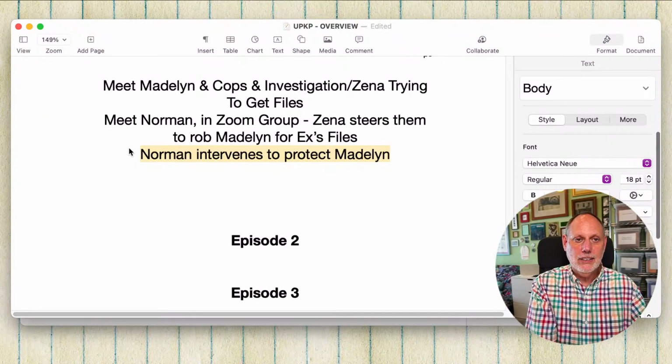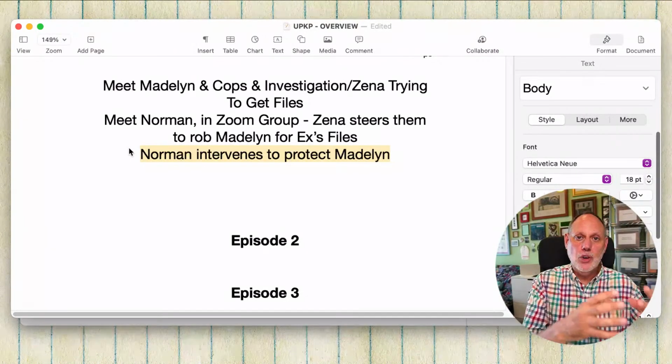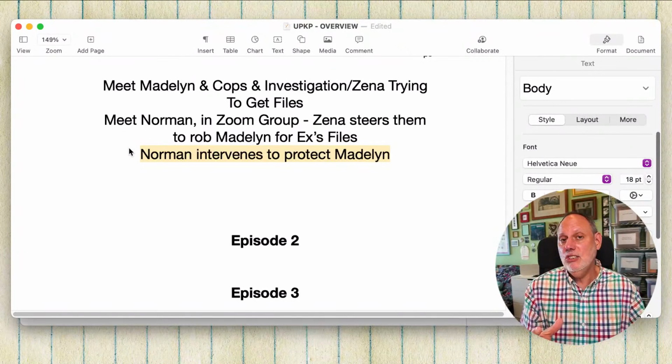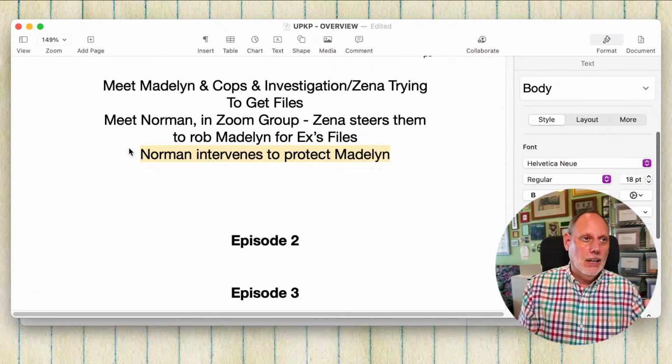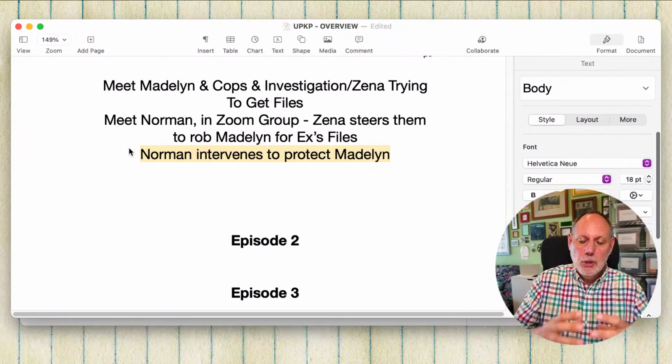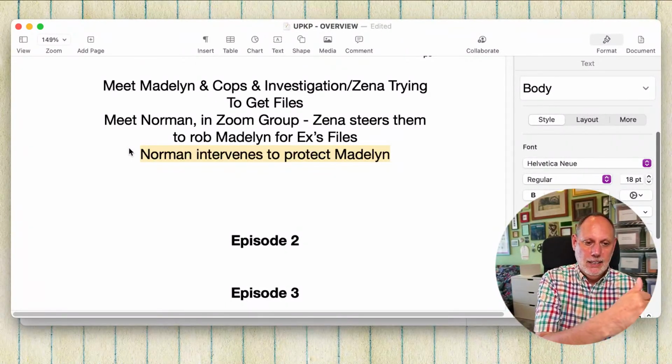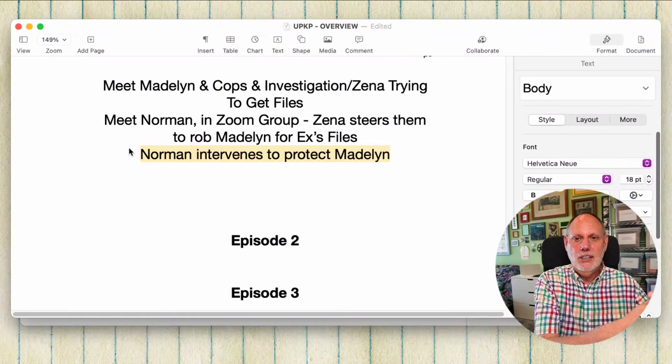So there's a race against time. We are going to see Kanji try to make the robbery, and we are going to see Norman stop it. So there's going to be like 5 scenes in there, at least. But the big meaning of it is Norman steps up, he intercepts and intervenes and stops the robbery.